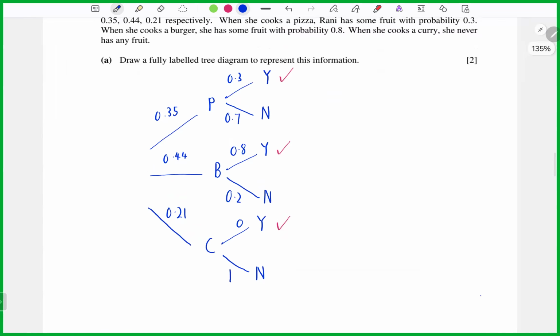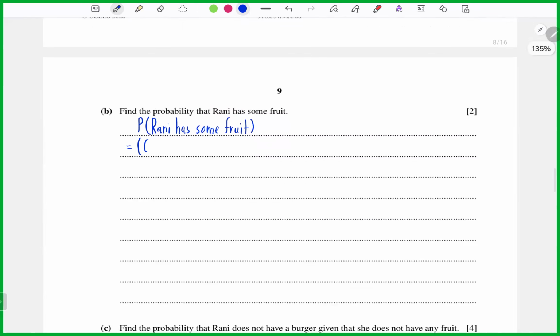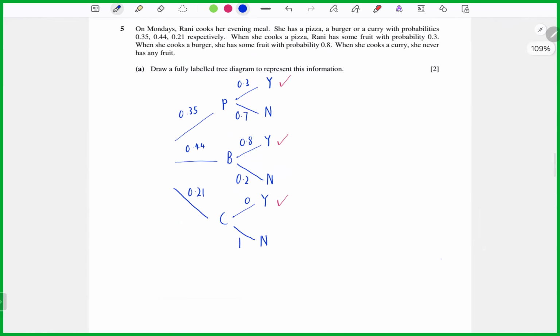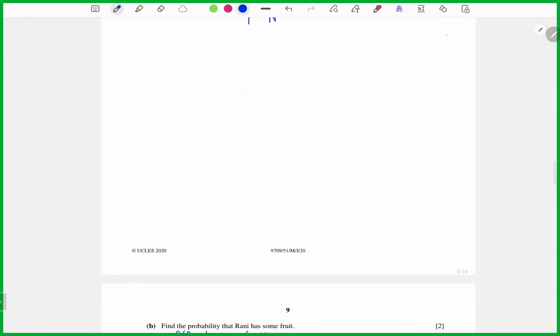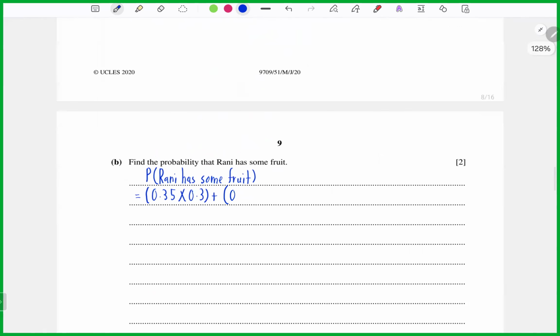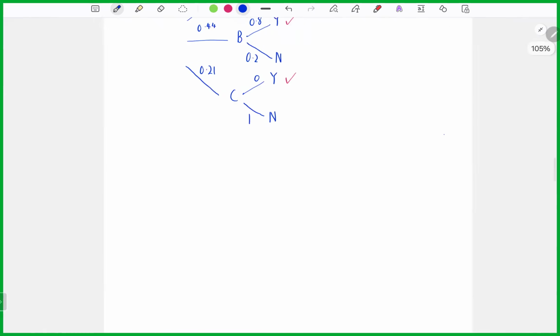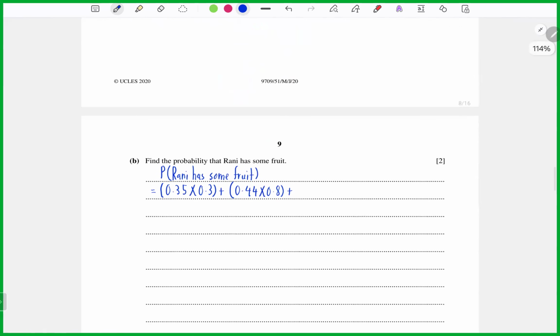Alright, so now you can try to calculate. You see, we need the pizza, right? So the pizza probability is 0.35, and then you need to multiply by 0.3. So you take 0.35 multiply 0.3 plus 0.44 multiply 0.8, and the last, 0.21 multiply 0.